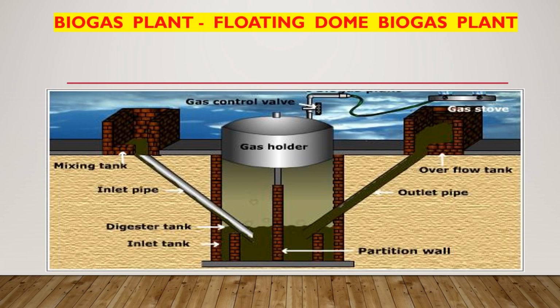Next, moving on to the biogas plant, that is the floating dome biogas plant. Here, what happens in the villages is that sewage, residues from fields, etc. are collected in this brick-laid area, and then led through the inlet pipe to accumulate in this tank.